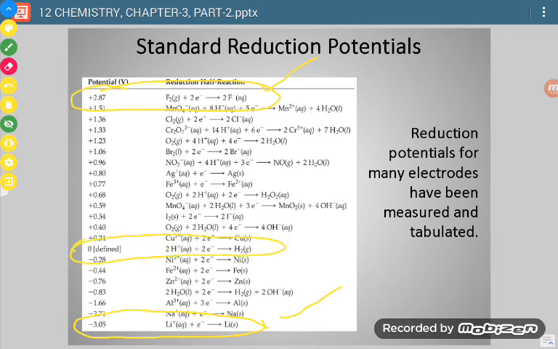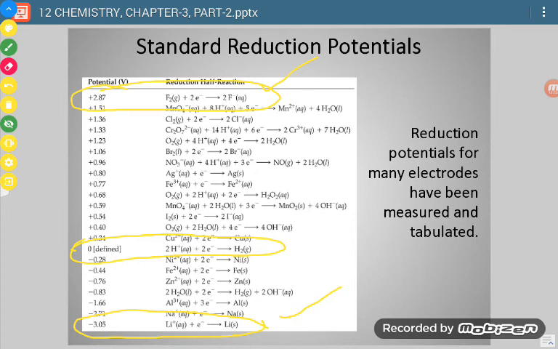With reference to this we have collected these values. These values are of very much importance, and many types of questions are based on this. So here we will be discussing oxidizing nature and reducing nature.